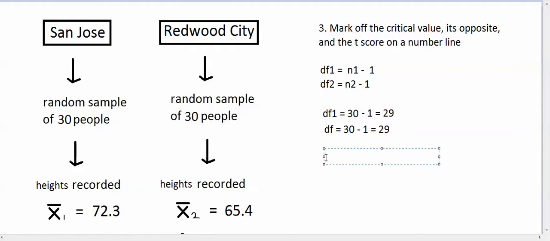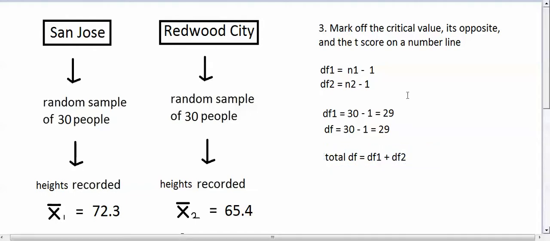Next, we have to add our two answers together to get a total.